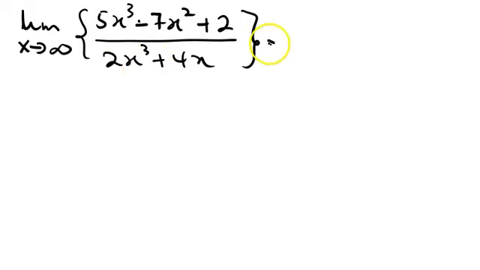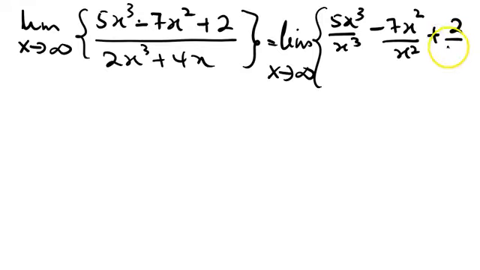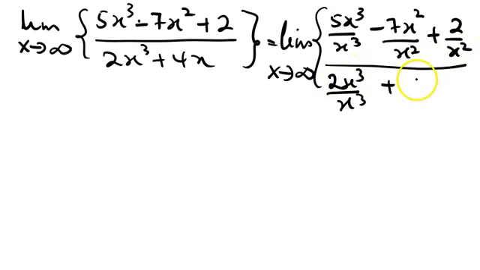So at the numerator we have 5x cubed over x cubed minus 7x squared over x cubed plus 2 over x cubed, and at the denominator 2x cubed over x cubed plus 4x over x cubed.